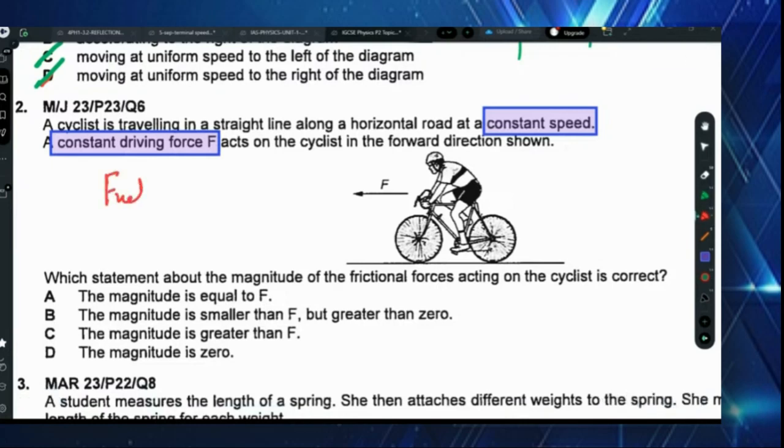F net equals F driving minus F resistive. So if F net equals 0, then F driving minus F resistance equals 0. It means driving force is equal to resistive force. That's why the magnitude is equal to F. Is it clear, Ariba?